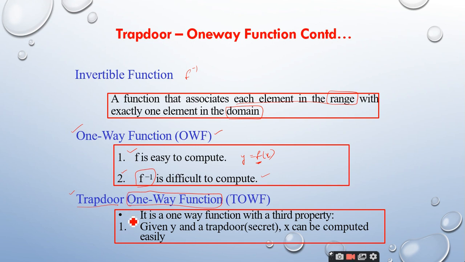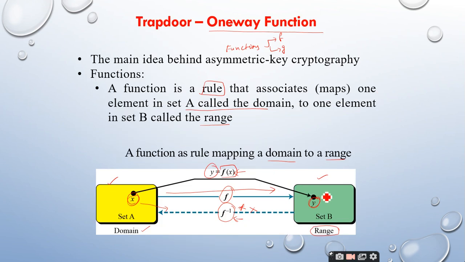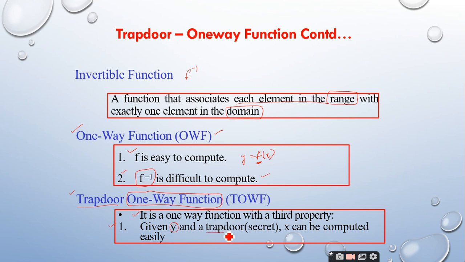But in addition to these two properties, you should have another property: given y, the value in the range, and given a trapdoor, which is nothing but a secret, x can be computed very easily. That is called a trapdoor one-way function, right?